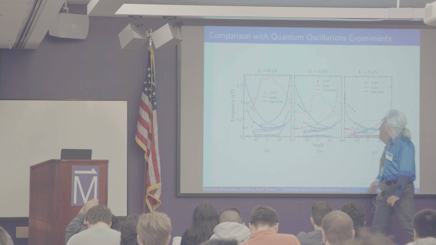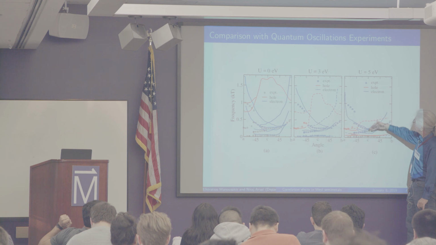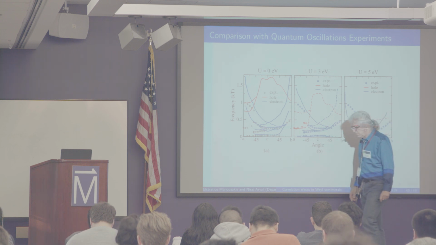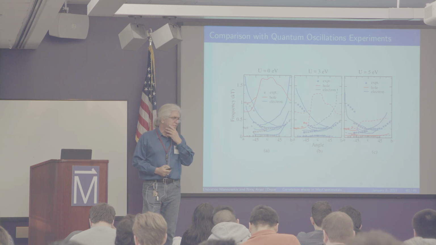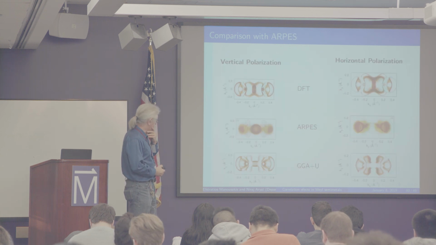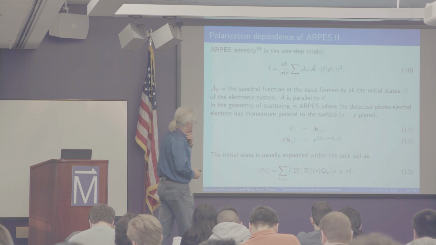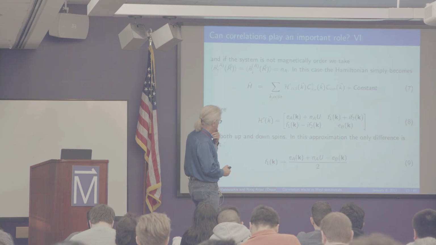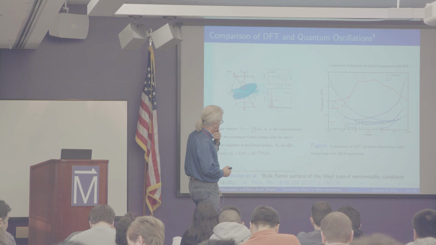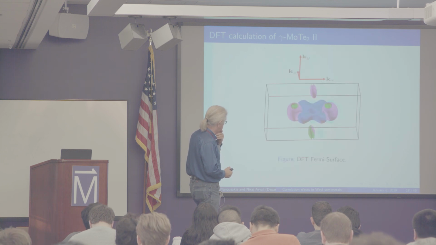So there is better agreement, but if you go to U equal to 5, the agreement is even better with their measurements. But U equal to 5 wouldn't agree with ARPES at all in some sense. I show you the Fermi surface for U equal to 5.